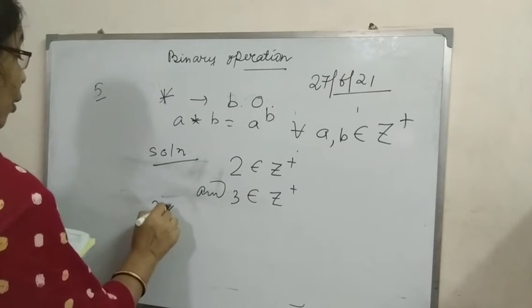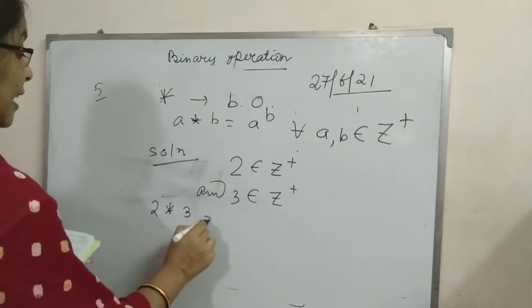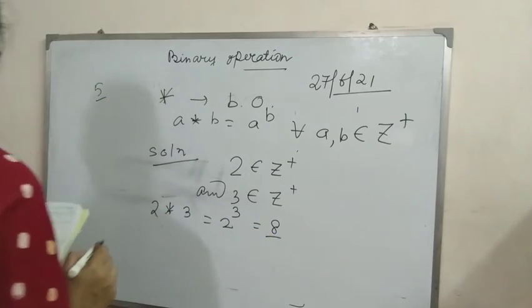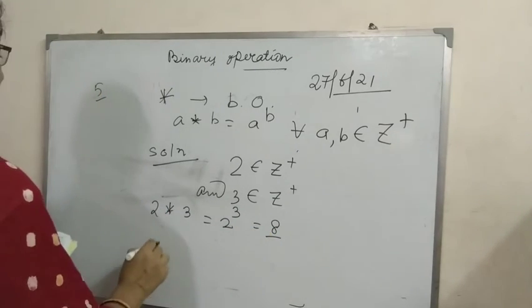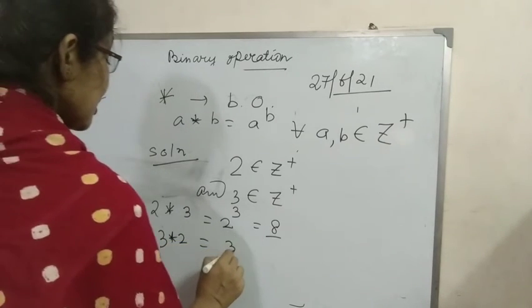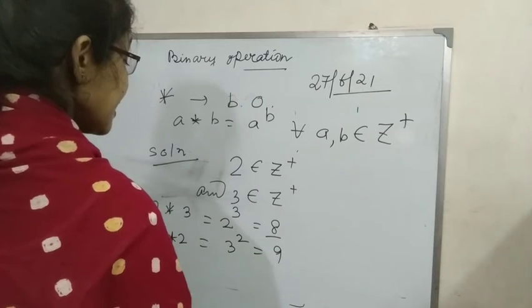So 2 operation 3, that is equal to 2 to the power 3. This is equal to 8. And 3 operation 2 equal to 3 to the power 2. This is 9.